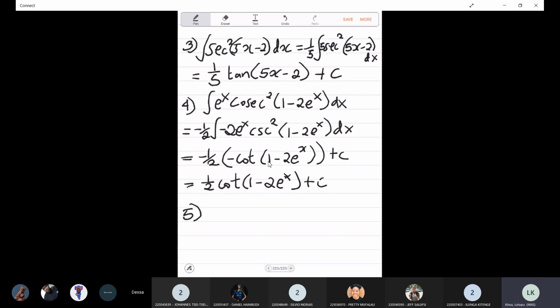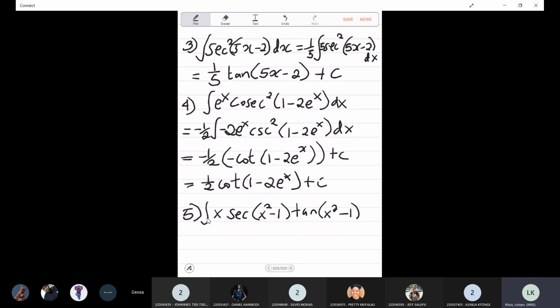And the next one, number 5. The integral of x sec of x squared minus 1 times tan of x squared minus 1. Okay, so here our brackets are the same, which is good. And if I differentiate this bracket here, I get 2x, but here I only have x.